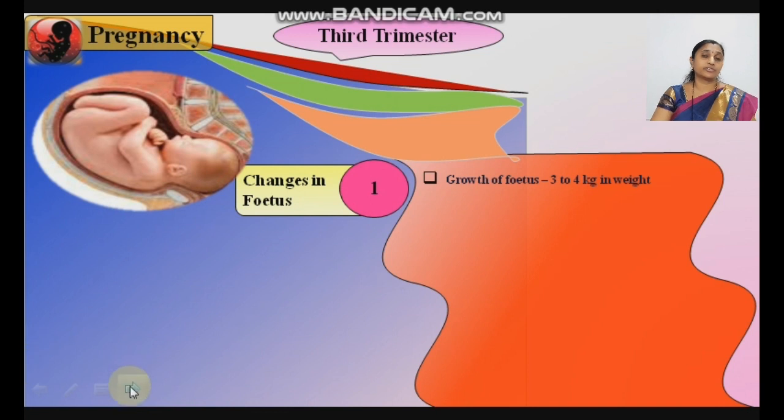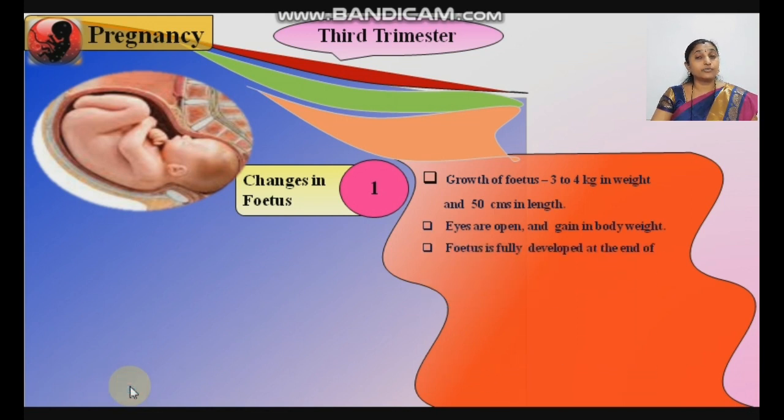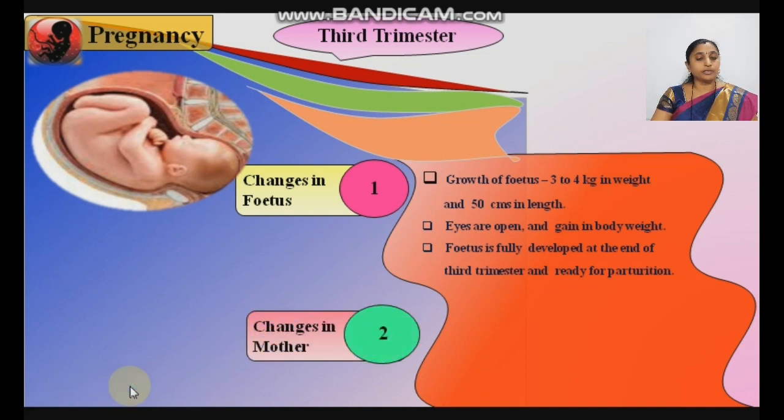In first trimester 7 to 10 centimeter, in second trimester 30 centimeter, and in third trimester 50 centimeter length. Eyes are open, gain in body weight, the fetus is fully developed at the end of the third trimester and ready for parturition, that is ready for birth, and comes outside through the vagina of the mother in case of normal delivery.